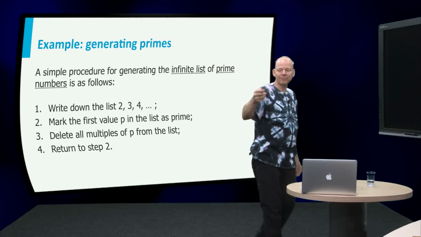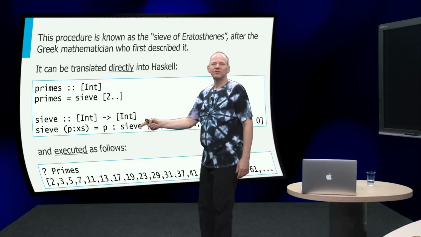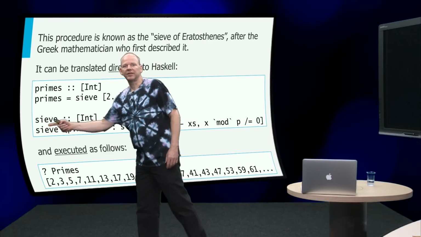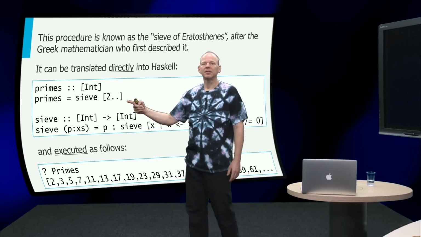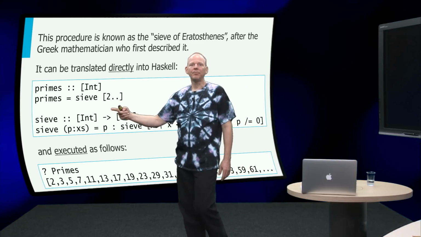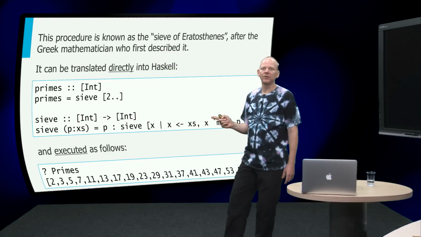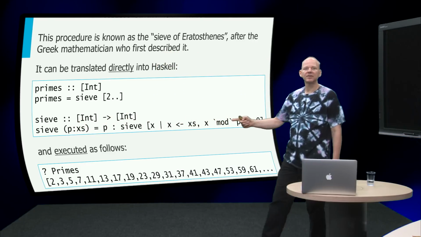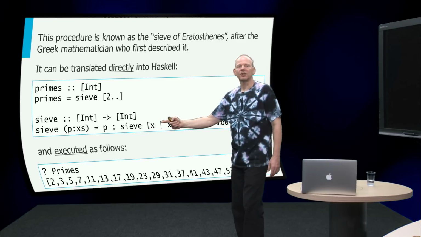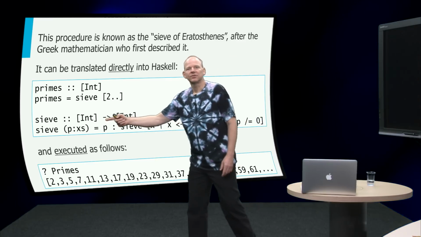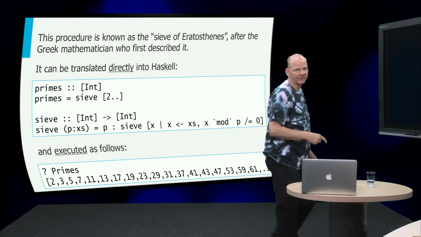We return to step 2. But what we see here is that return to step 2 is really this recursive call here. All right, so we start with the numbers from 2 and up. The first number must be prime. We remove all the numbers that are multiples, and then we just sieve the result. That must now start with the next prime. We're going to keep that, and then sieve out the rest, etc.